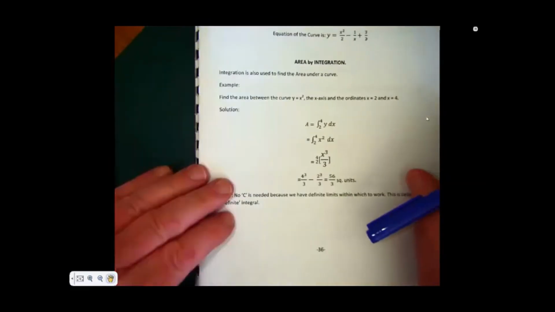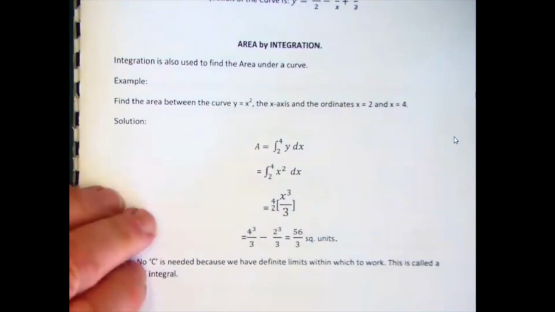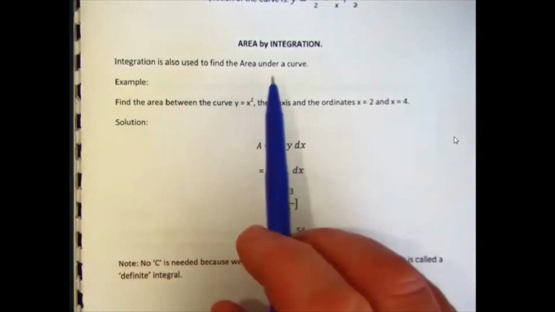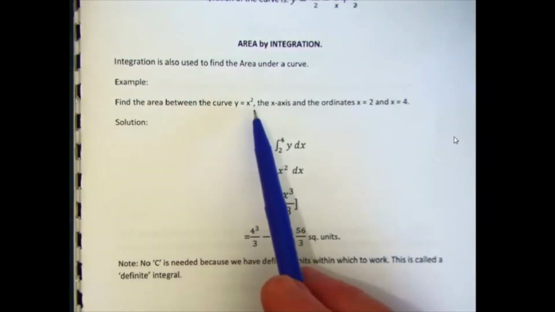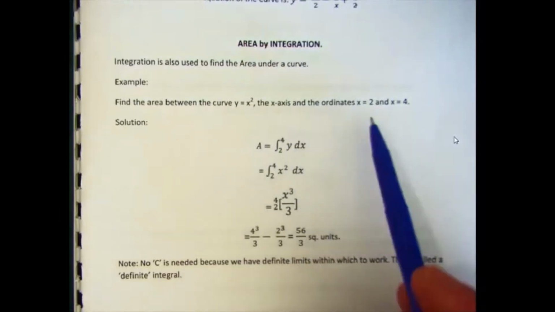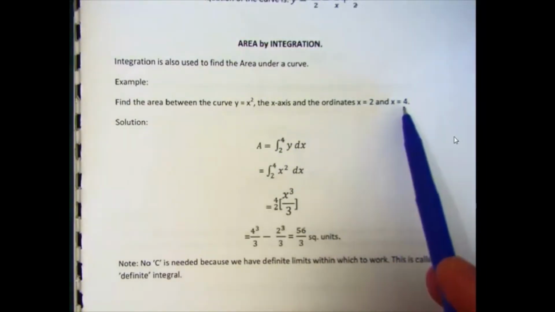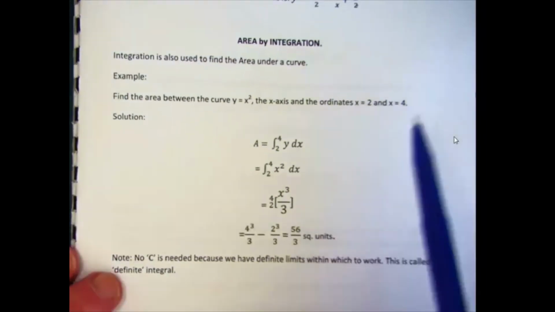So let's have a look now at the one in the book and see where this is going. Integration is also used to find the area under the curve. Find the area between the curve y equals x squared, the x-axis, and the ordinates 2 and 4 for x. So this is the solution.